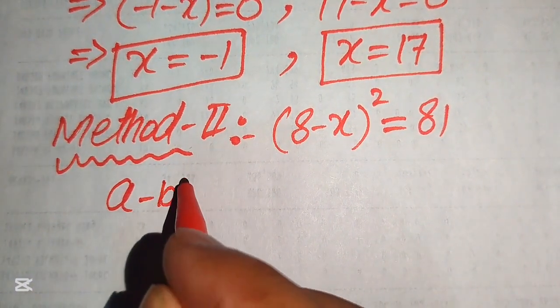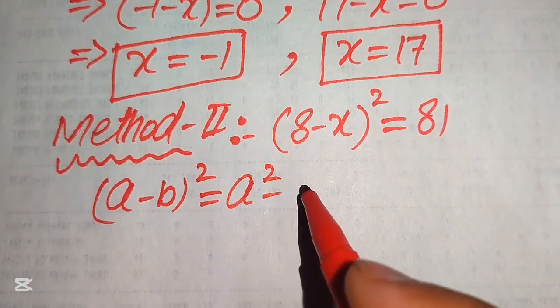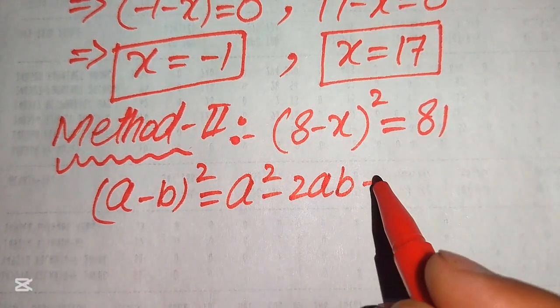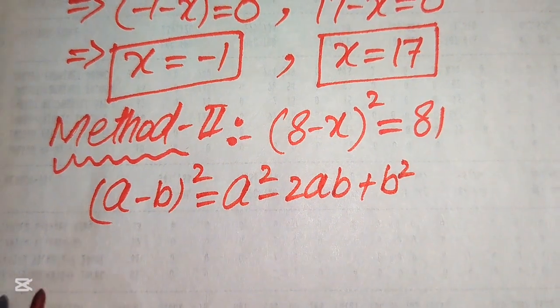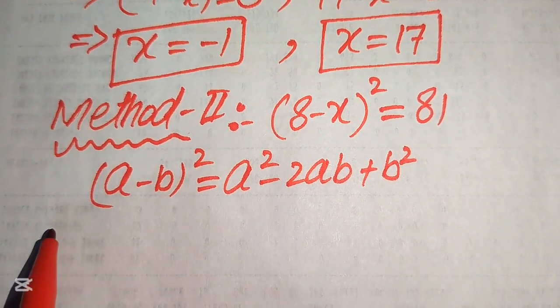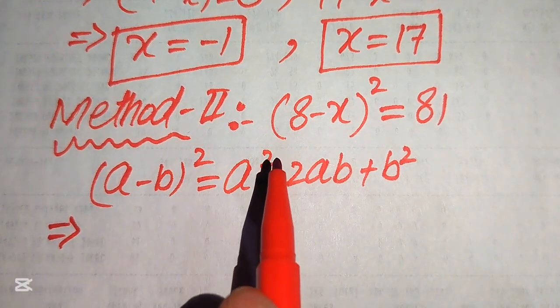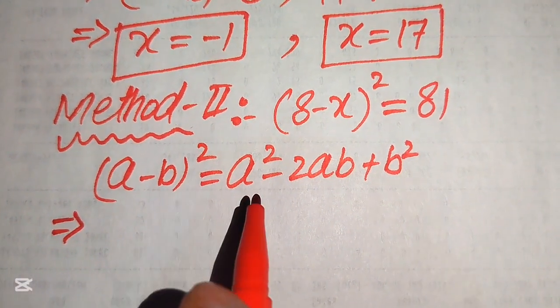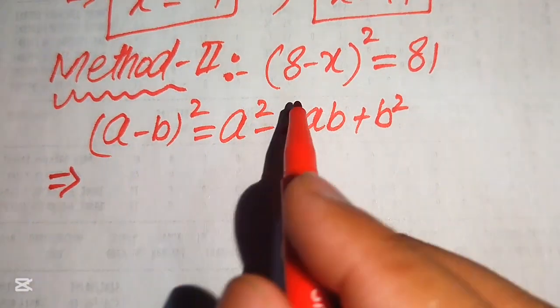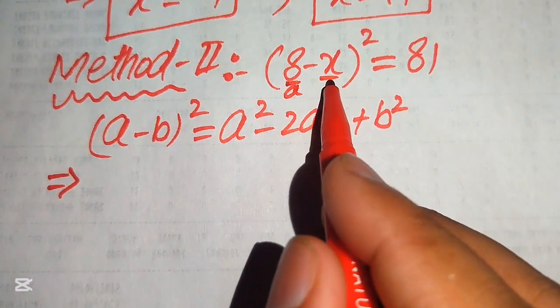You know that (a − b)² = a² − 2ab + b². According to this algebraic formula, we can apply it to the left hand side of the above equation, where the base of this term is our a and this is our b.